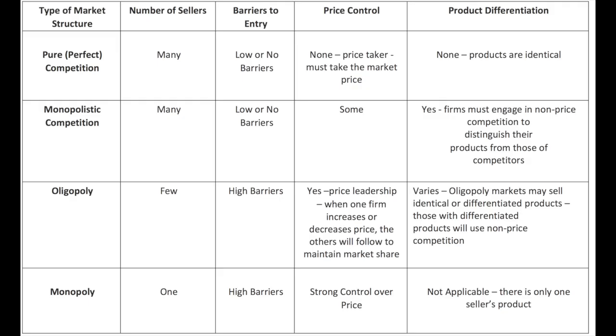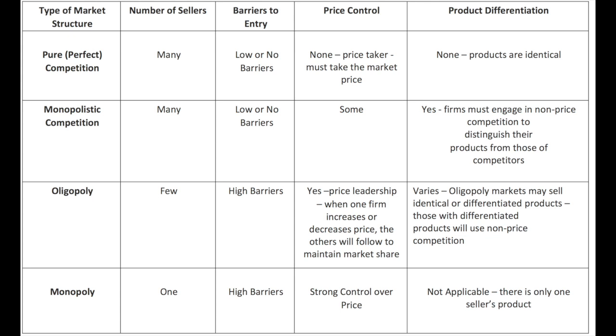So when that happens, the products somewhat vary. The products may be identical, or may be slightly differentiated as well. It just depends. But ultimately, if one firm changes the price, if Coca-Cola was to all of a sudden decide to change their drink to $2, you may see Pepsi follow suit.